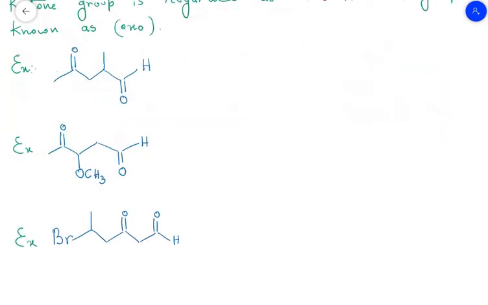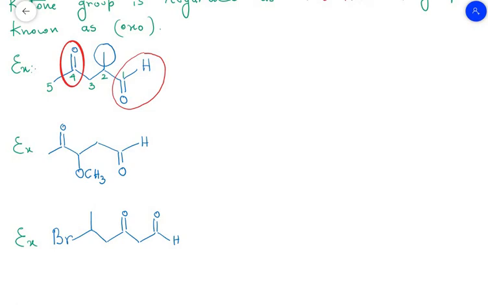Let us see the first example. In this first example, we can see that we are having an aldehydic group which is always terminal, and here we are having a ketonic group. Let's give the numbers. So this is the first carbon, the second carbon, third carbon, fourth carbon and fifth carbon atom. But at the same time, we are having a substituent at the second position which is called methyl.